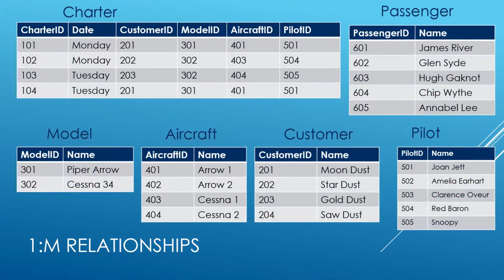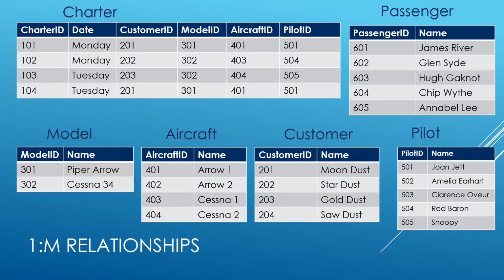All right, so let's go ahead and add some primary keys to our tables. First thing we do is we take charter, we add a charter ID, 101, 2, 3, and 4. We'll do the same thing with passenger, model, aircraft, customer, and pilot.